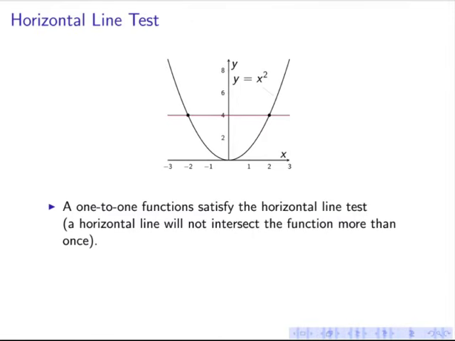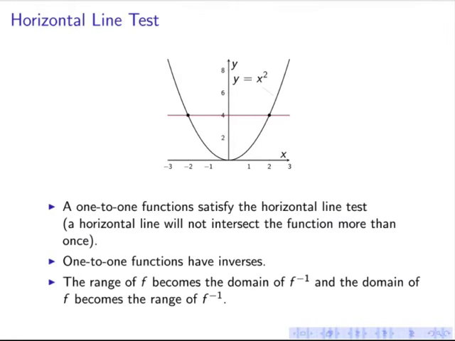So here the parabola, for example, the horizontal line at 4 touches twice, so this does not satisfy the horizontal line test. One-to-one functions have inverses, and then the range and the domain flip. So the range of f becomes the domain of f inverse, and the domain of f becomes the range of f inverse.